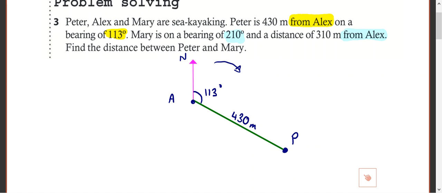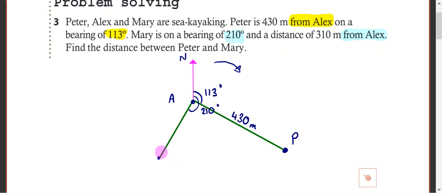Right? So we go back north from Alex and we go round, tell me when to stop. Okay, a little bit less, but remember it was definitely clockwise, and that would be the 210 degrees.